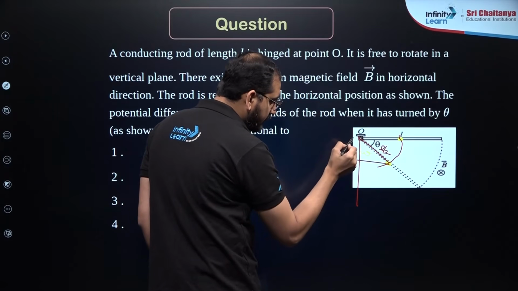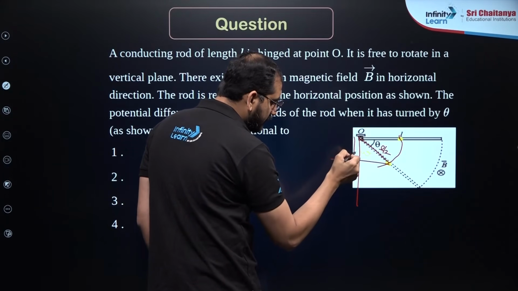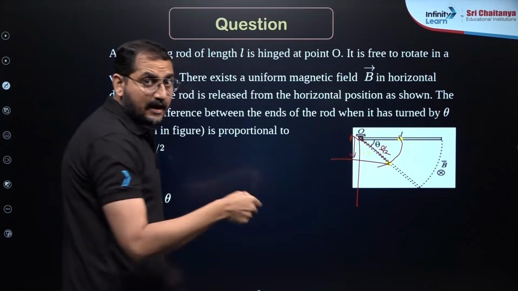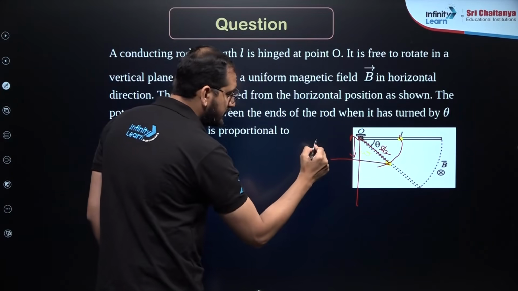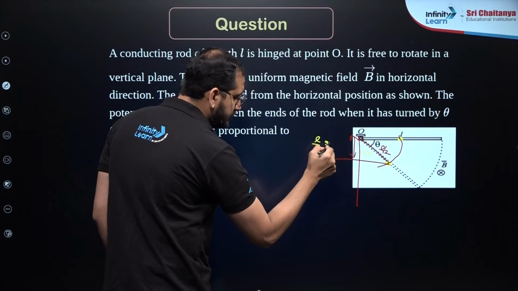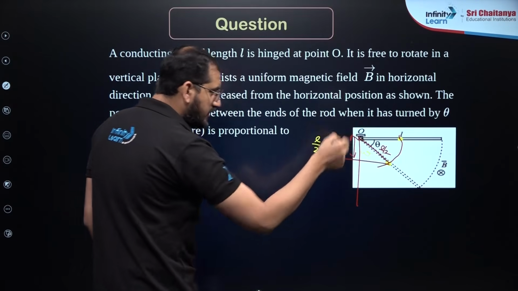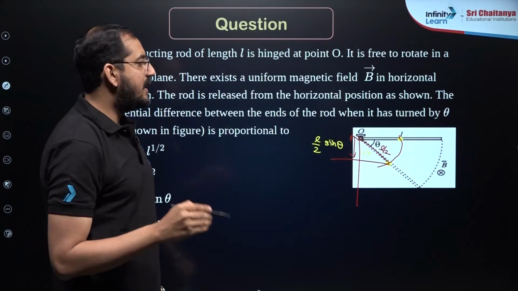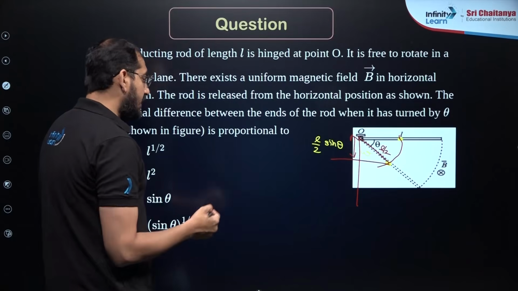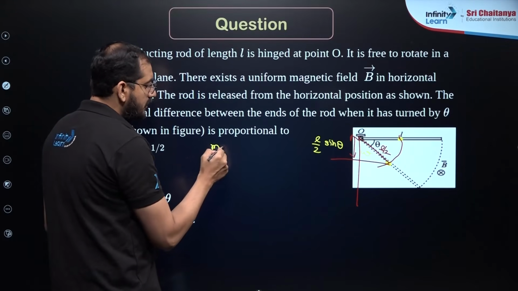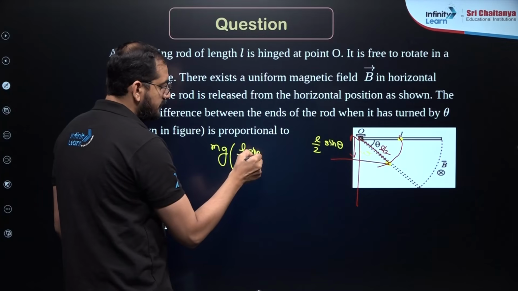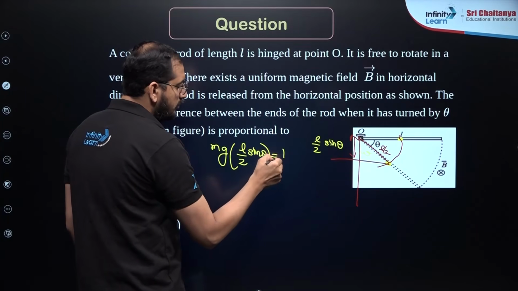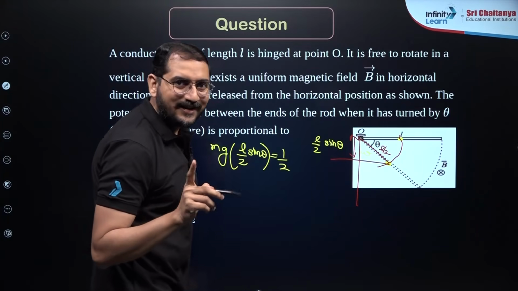Hence, I can say that the height is going to be L by 2 sine theta. So the center of mass has fallen by L by 2 sine theta. Hence the loss in the potential energy, which is mg L by 2 sine theta, is equal to the gain in the rotational kinetic energy.